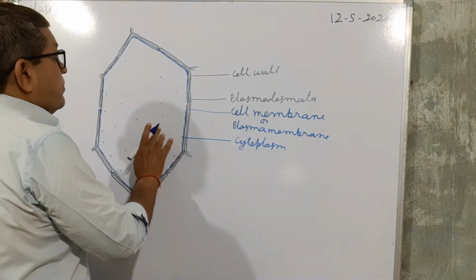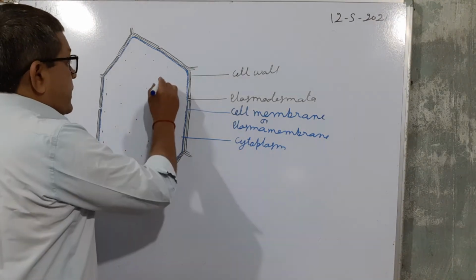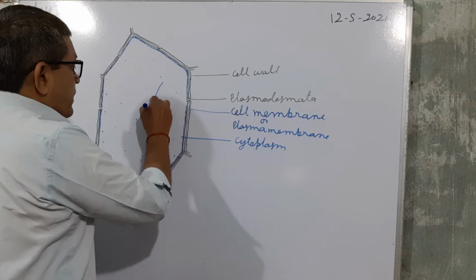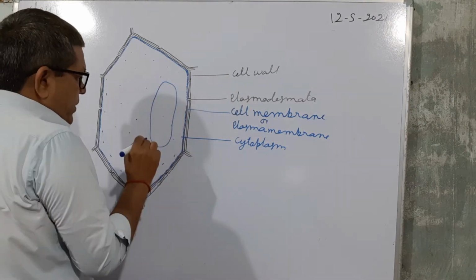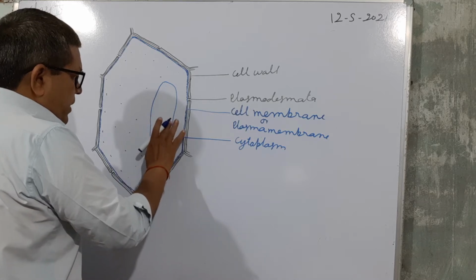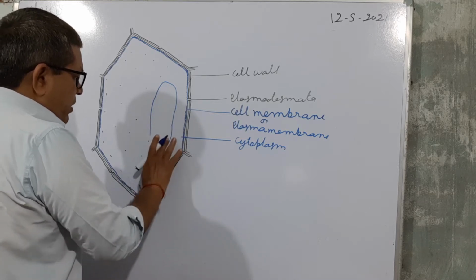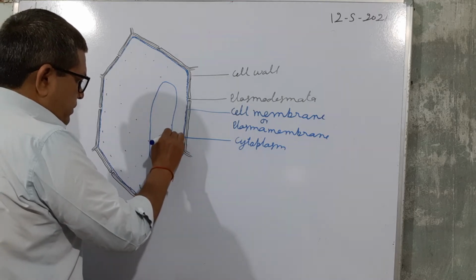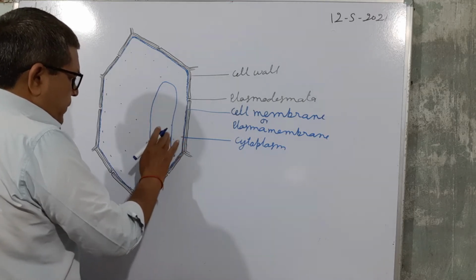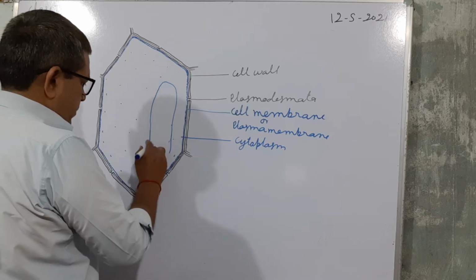Inside the plant cell there is a big central vacuole. This is a characteristic feature of the plant cell, having a big vacuole.